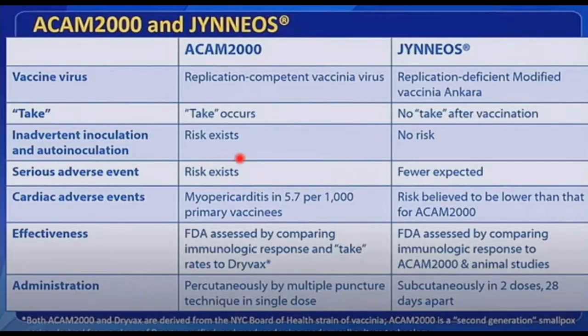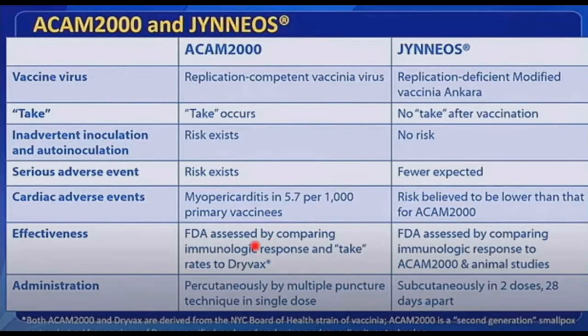Serious adverse effects are more reported from ACAM 2000, but very few adverse effects are reported from the Genius vaccines. There is some mild pericarditis reported with ACAM 2000, but there are still risks of mild pericarditis for the Genius vaccine, though the risk is believed to be lower.